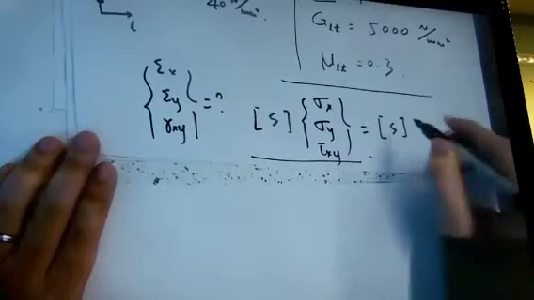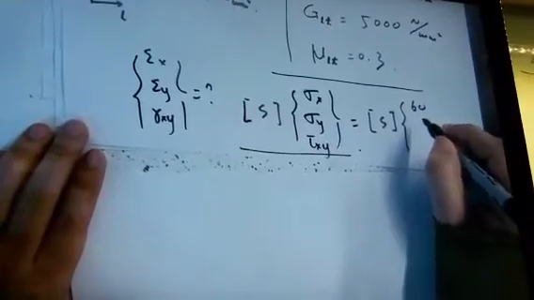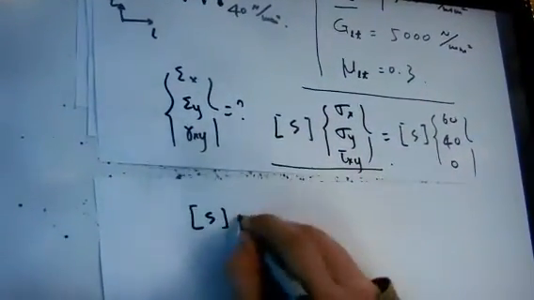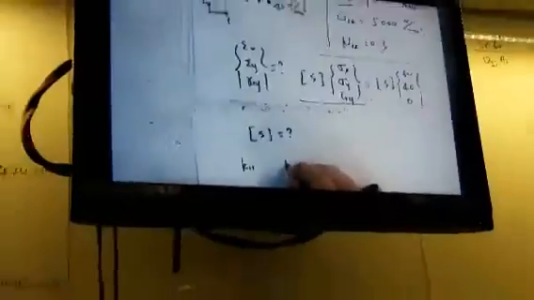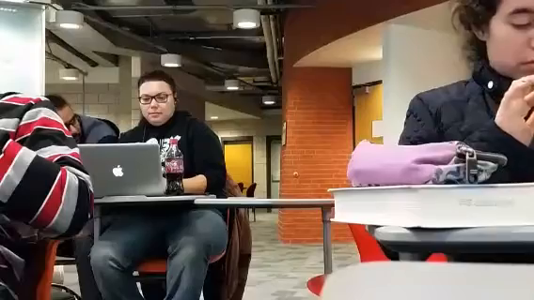That is the given loading. Sigma x is the normal stress along the x direction, 60. Sigma y is the normal stress along the y direction, 40. Tau xy, the shear stress, is 0. The next step, we need to calculate S. To calculate S, you need to calculate P11, P12, which equals P21, and P22 and P33. Basically, I'm calculating the inverse of K. I can figure out the elements in the B matrix.